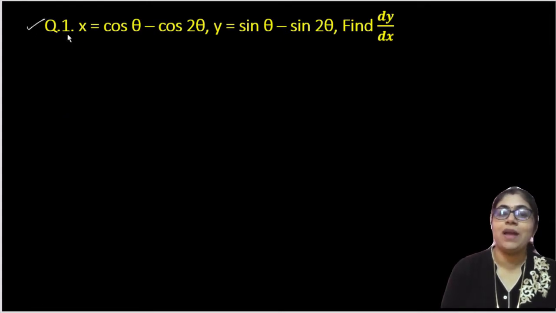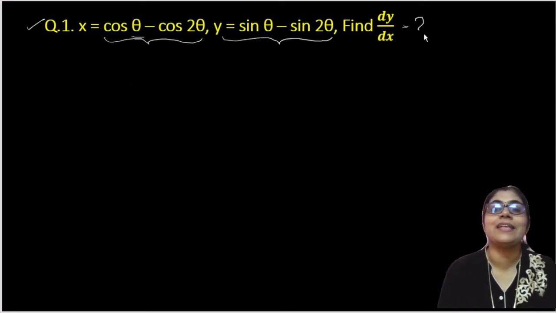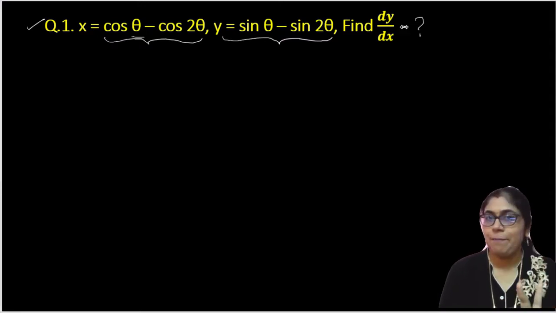Question number 1. Here both x and y are given with parameter theta. x is equal to cos theta minus cos 2 theta. y is equal to sin theta minus sin 2 theta. Find dy/dx. First we have to fix the parameter.